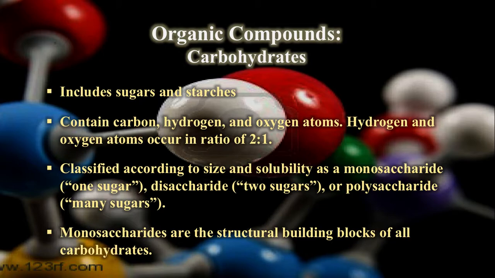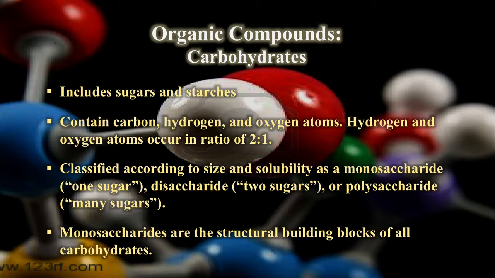What defines a carbohydrate? First of all, they contain carbon, hydrogen, and oxygen, and that's it. I like to call these the toes: carbon, hydrogen, and oxygen. Specifically, the hydrogen and oxygen atoms occur in a 2-to-1 ratio.